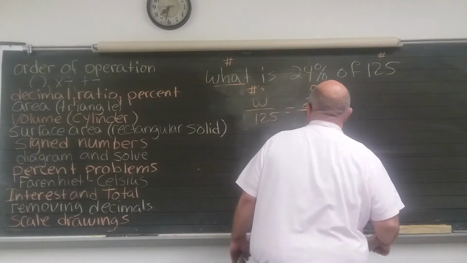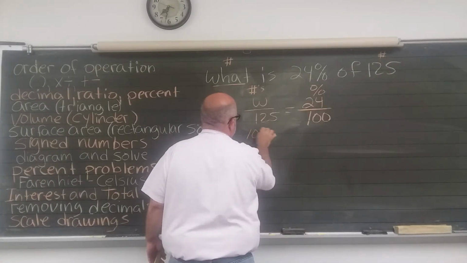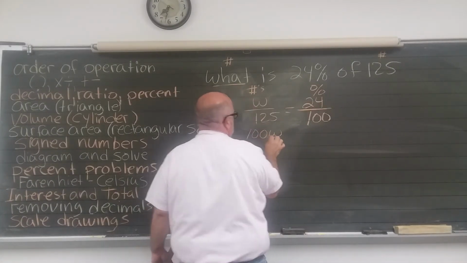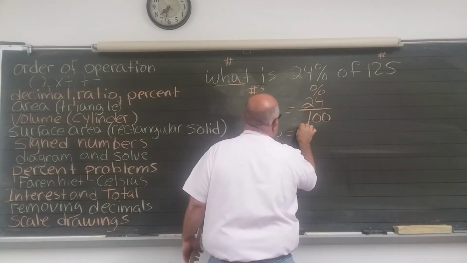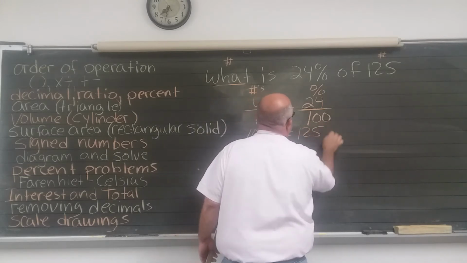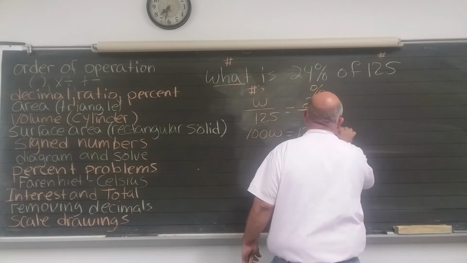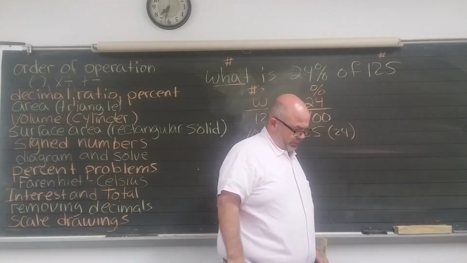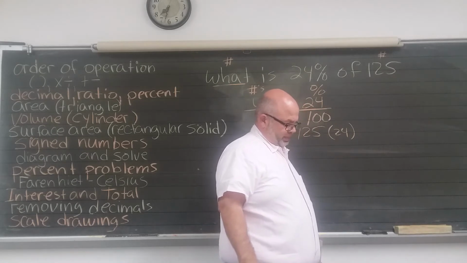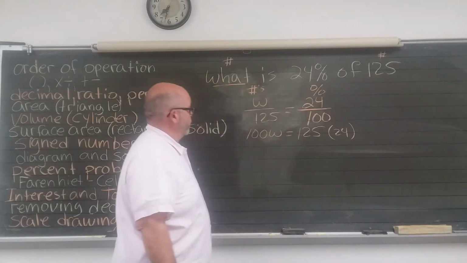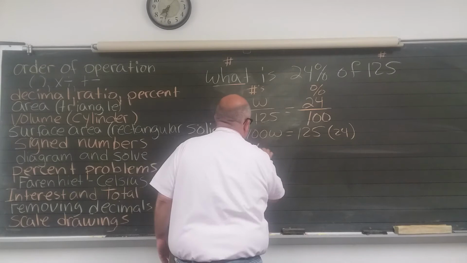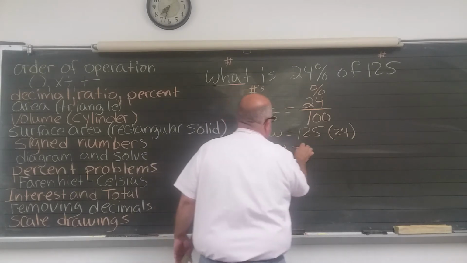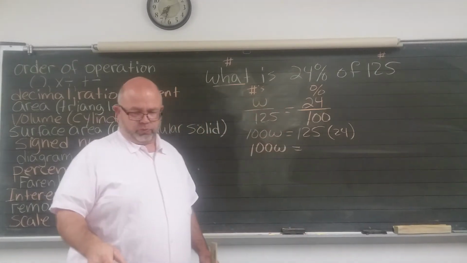So then your equation is 100W equals 125 times 24, right? So you multiply 125, so you have 100W equals, what is 125 times 24?